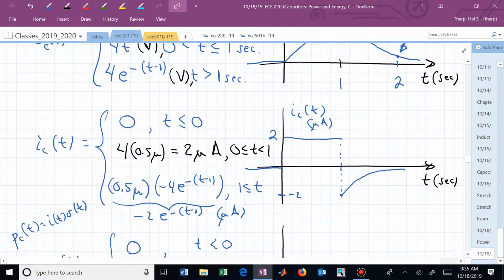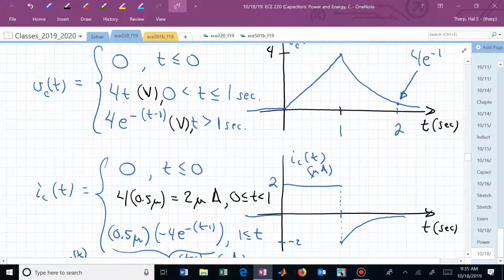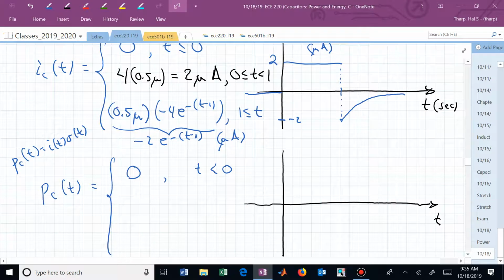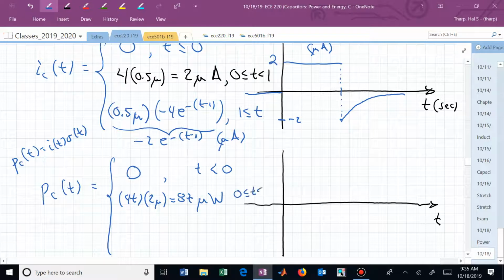Between 0 and 1, I have 4t times 2 micro. And what are my units? This is now power, this is now microwatts, and that's between 0 and 1.